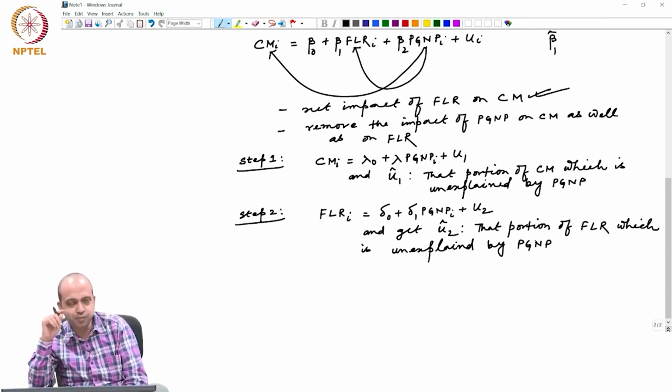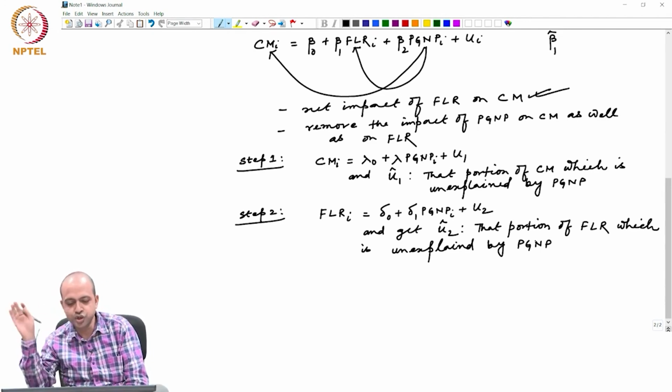So, u2 hat basically captures that portion of FLR which is unexplained by PGNP. So, that means this u1 hat and u2 hat, they are basically indicating the purified value of CM and FLR respectively. Okay. That means u1 hat is free from PGNP, u2 hat is also free from PGNP, right.